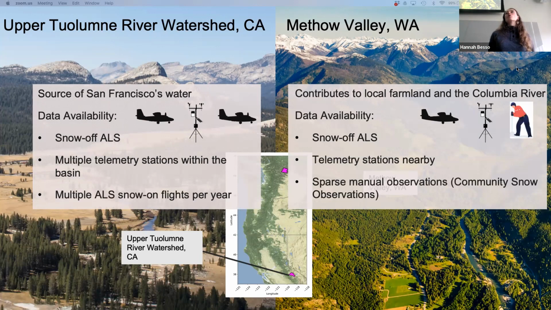Within Tuolumne, there are multiple aerial LiDAR surveys from the snow on period that provide very high resolution detail about snow depth distributed throughout the watershed, whereas in the Methow Valley, these do not exist. We do have a few sparse manual observations from the community snow observation project, where individual people have gone out and probed the snow.